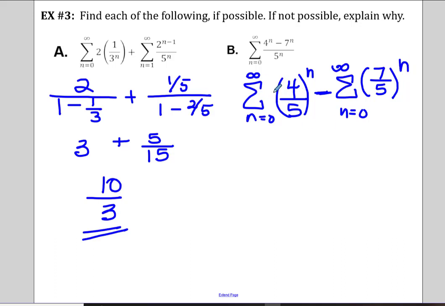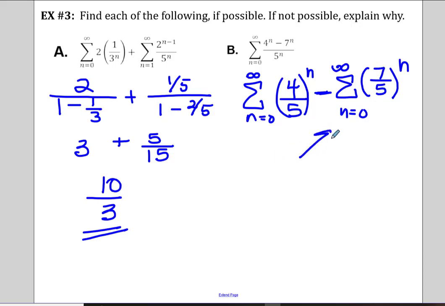Now, considering this first infinite series, our ratio is 4/5. And with the ratio 4/5, we have no problem. But in this one, we have 7/5.